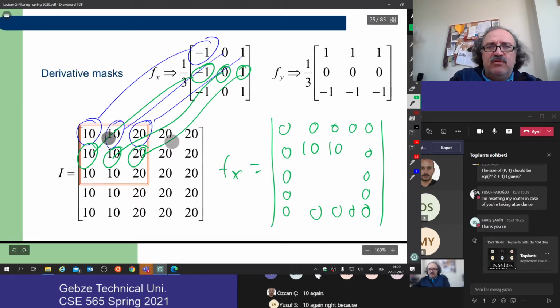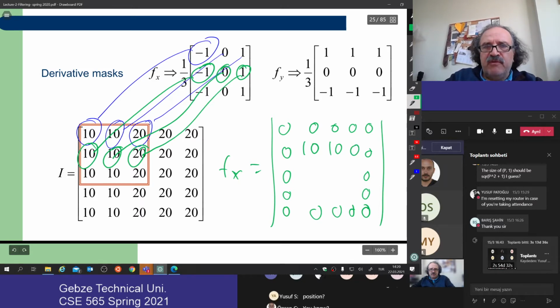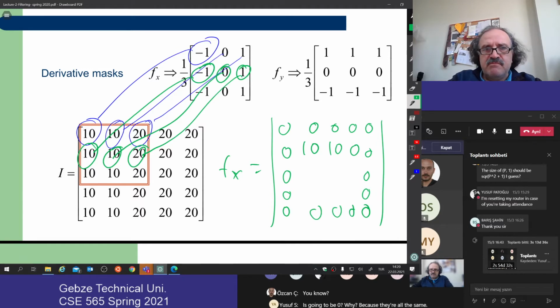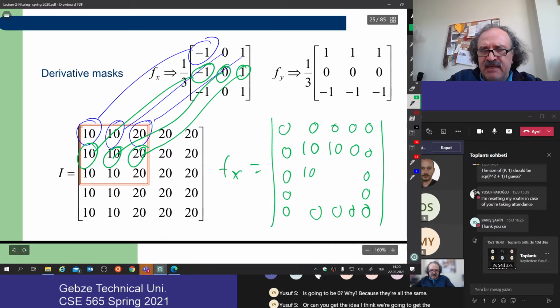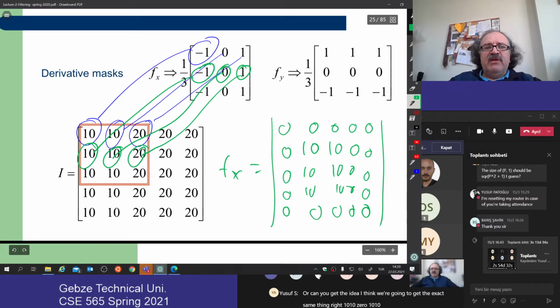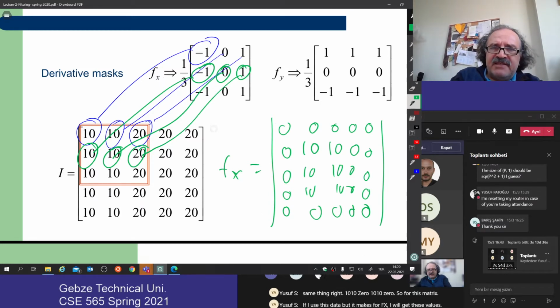Because 20 minus 10, 20 minus 10, 20 minus 10 over 3 again. How about this position? It's going to be 0. Why? Because they are all the same. Okay, you get the idea. I think we are going to get the exact same thing, right? 10, 10, 0, 10, 10, 0. So for this matrix, if I use this derivative mask for fx, I will get these values. Okay, so this is for fx.